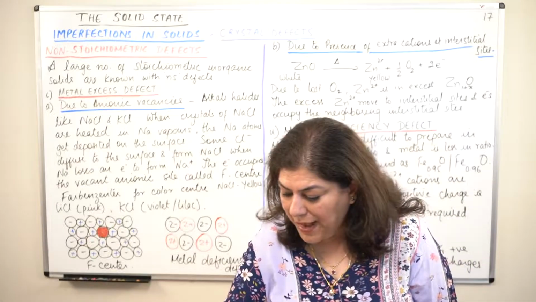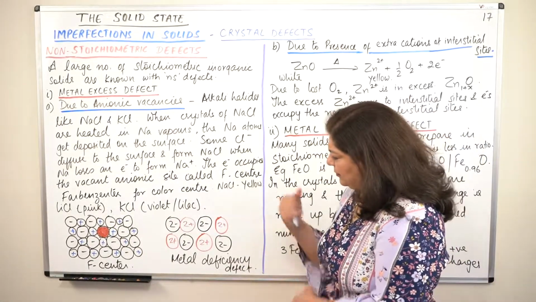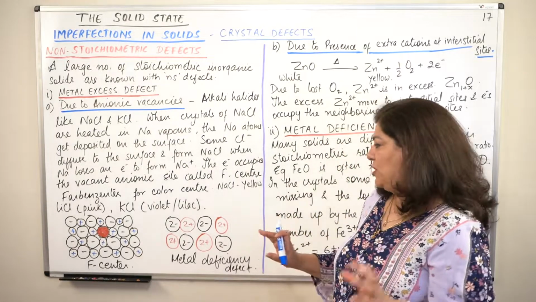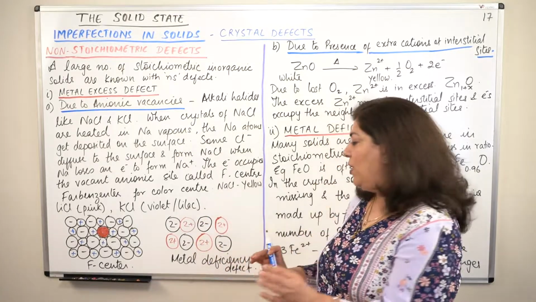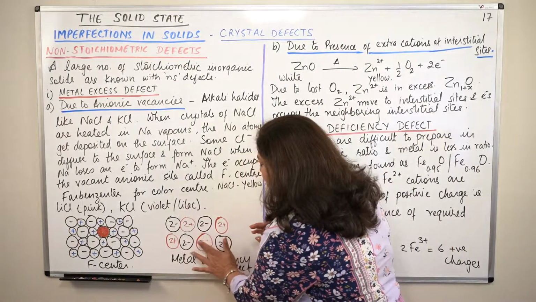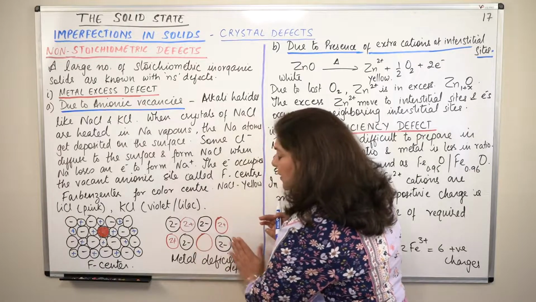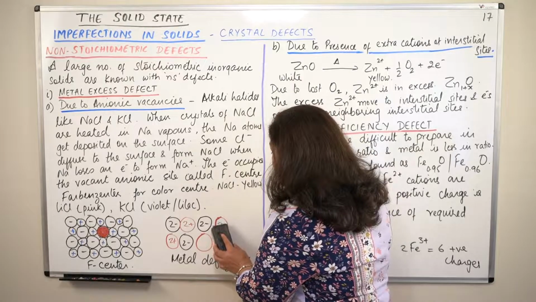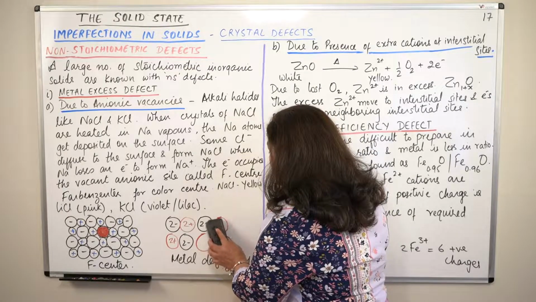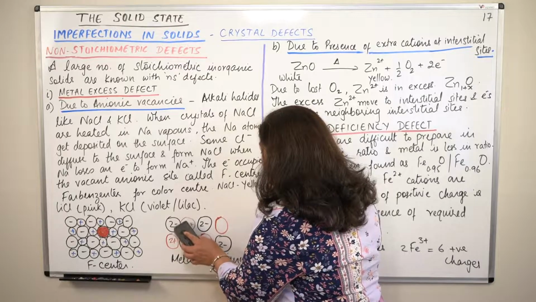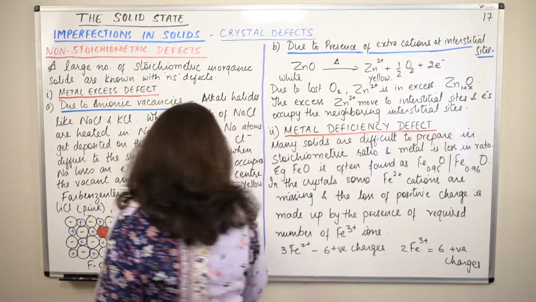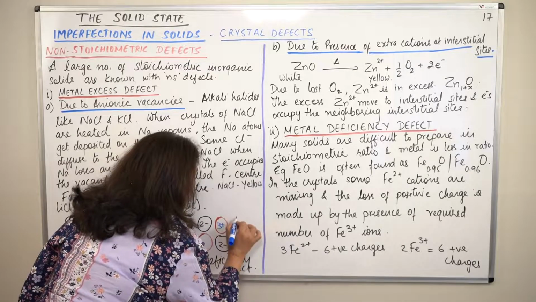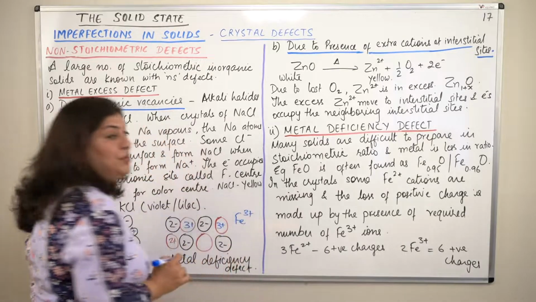Now imagine that, instead of 4 Fe2+, let us say one Fe2+, the metal did not come into the crystal. Now what is going to happen is that 2 of these Fe2+ will turn into Fe3+, ferric ion.